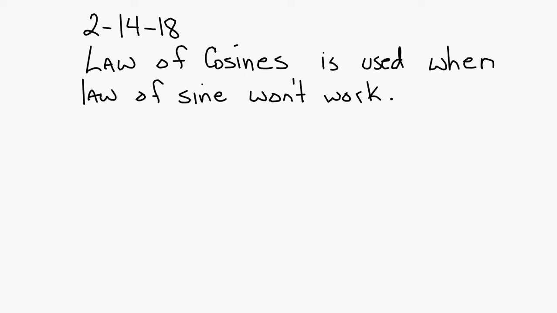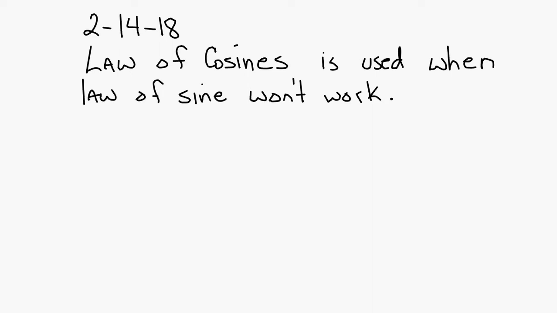That's an example of when you would use law of cosines instead of law of sines. There were some problems where there wasn't enough information. When you wrote the proportion for law of sines, you had two blanks, or two variables. And in a proportion, you can only solve for one variable. You have to have three constants, and you can solve for one variable.